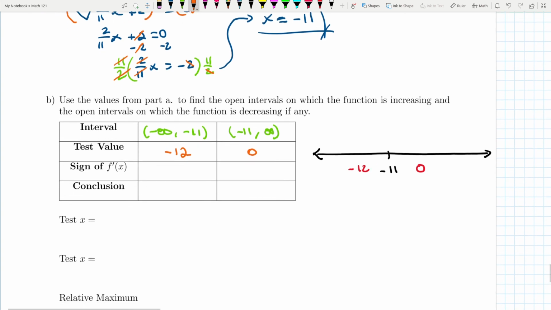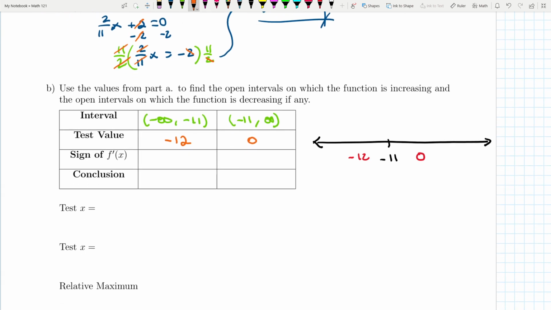And let's find the values of x. Negative 12 and 0.